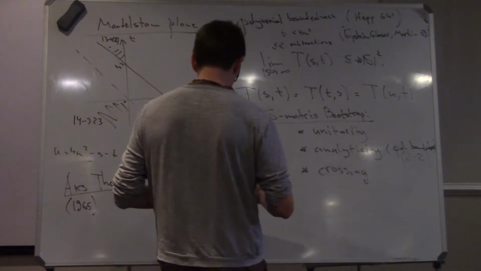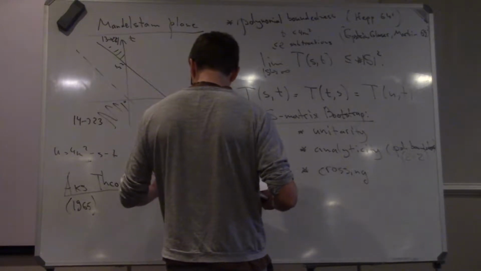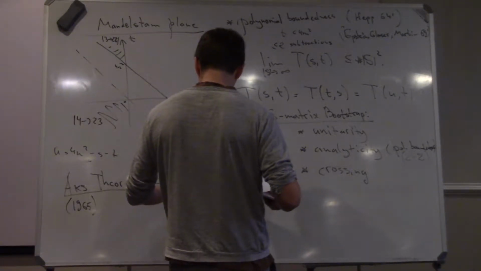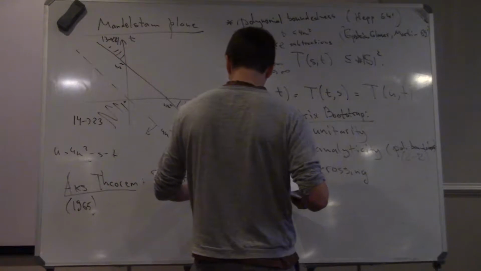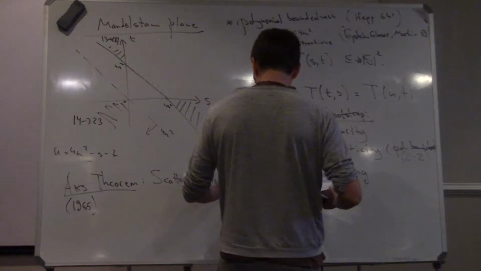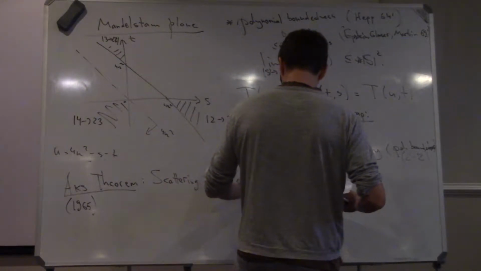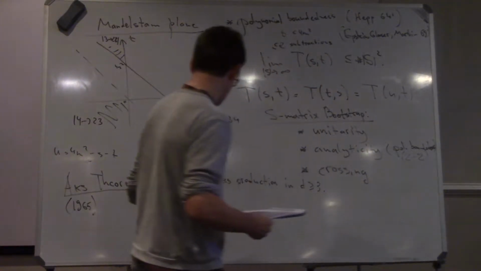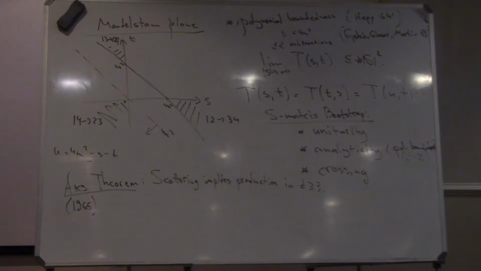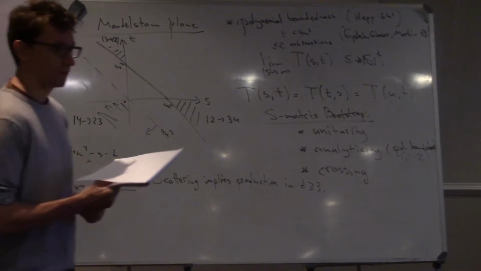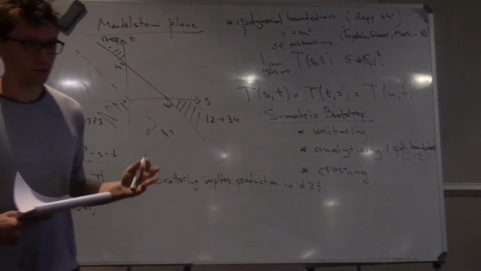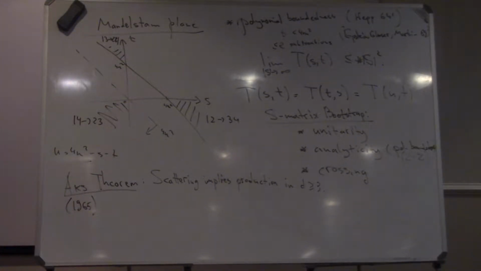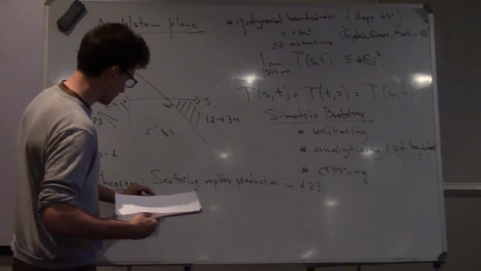It says that scattering implies production in D larger than 3. So what does it mean? Imagine you assume that you have some quantum field theory or some S matrix where you have 2 to 2 scattering.